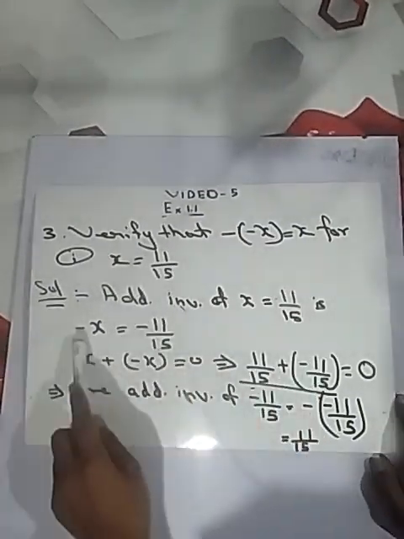Okay, now let me again explain this topic once again. See, the question is this, I have to verify this thing. Let's take the additive inverse of that number which is given to us. This is 11 by 15. The additive inverse of this will be minus this thing.